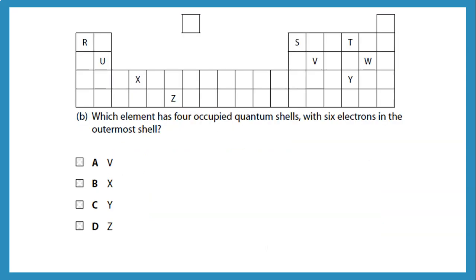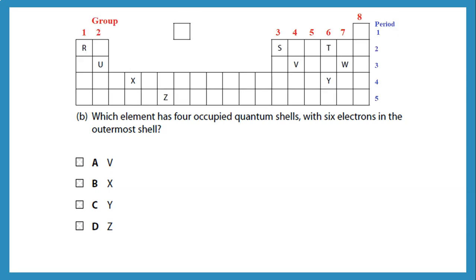Here he's saying which element has 4 occupied shells with 6 electrons in its outermost shell. Again, remember when we have the periodic table, group 1 has 1 electron in its outermost shell. Group 2 has 2 electrons in its outermost shell. 3 has, and so on. So where is the one that has 6 electrons in the outermost shell?